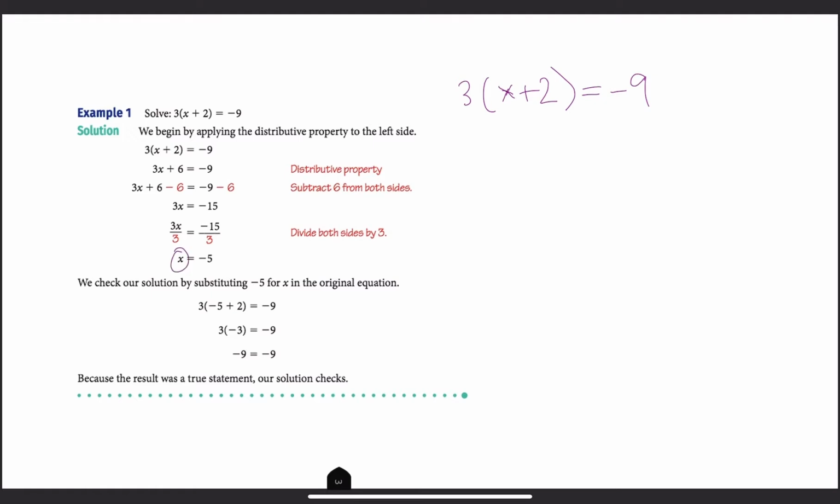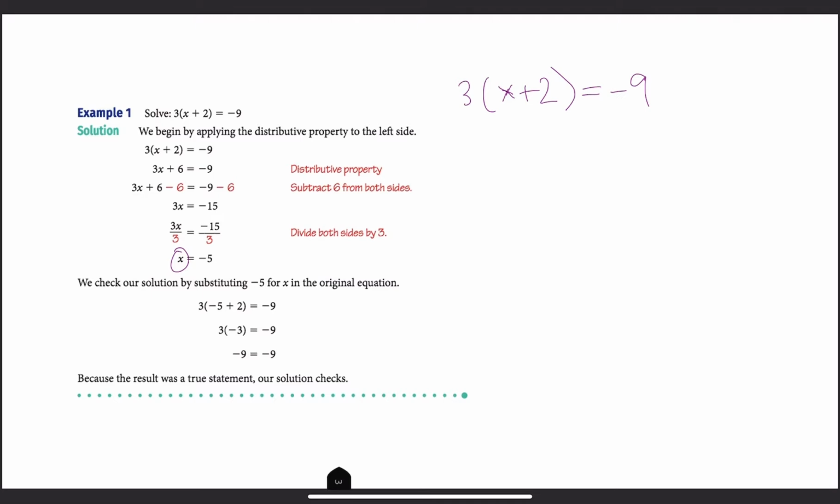To do that, sometimes we have to simplify first, and they're not going to say simplify. We're going to have to know that that's a part of solving. Solving means simplify first, then use the addition and subtraction properties of equality, then use the multiplication and division properties of equality, and then you can check if necessary.